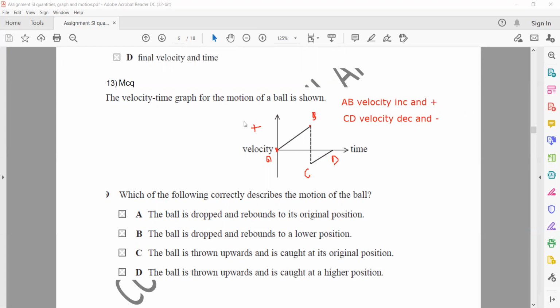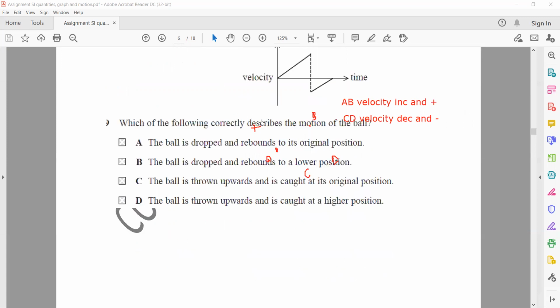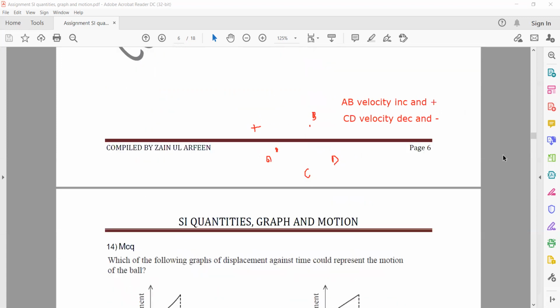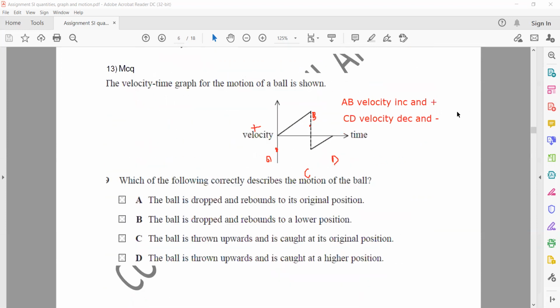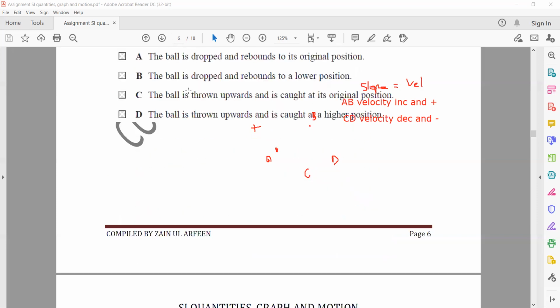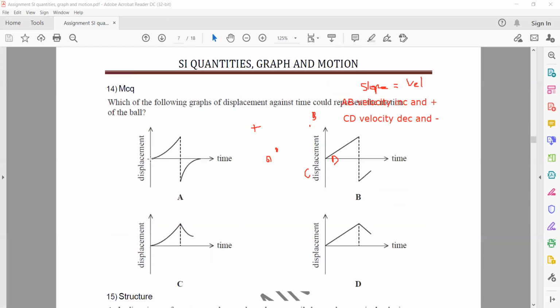So we have to check which graph represents this. Initially the velocity should increase. If the velocity is increasing, it means the slope should increase, because for a displacement time graph, the slope represents the velocity. So in this one, the slope is increasing. If the slope is increasing, the velocity is increasing.